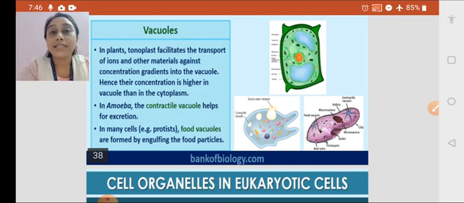Apart from the plant cells, vacuoles are also present in animals and protists. Take the example of paramecium. The paramecium and amoeba engulf the food which is present in their surrounding and they form a vacuole. This vacuole is very small and consists of the food particle. This vacuole is called a food vacuole.